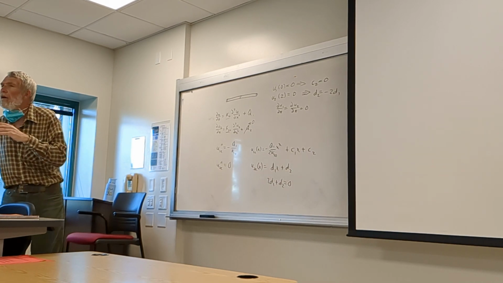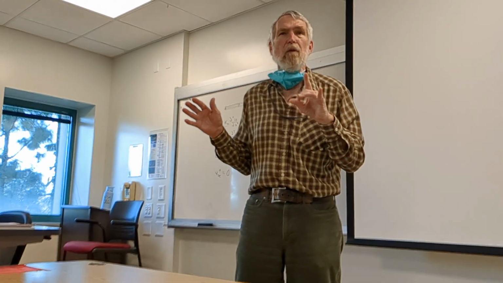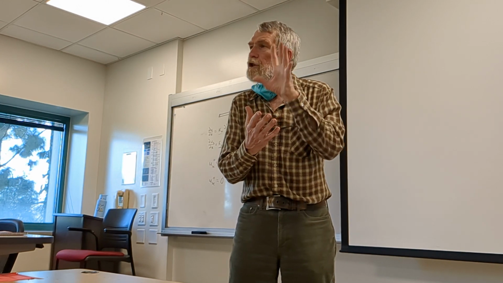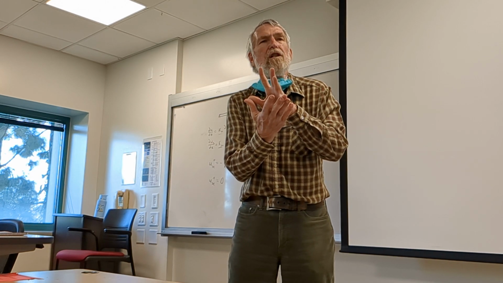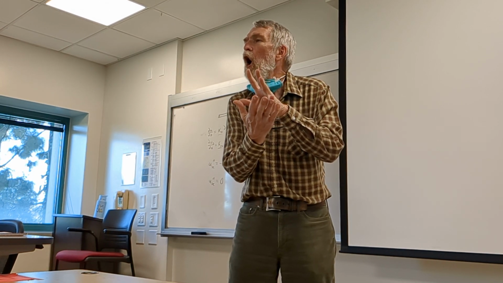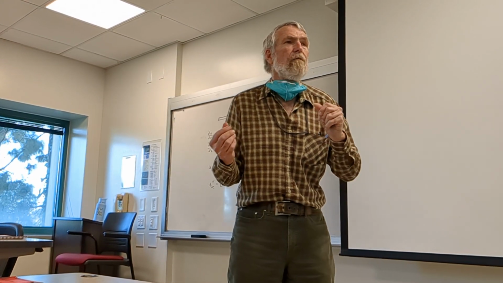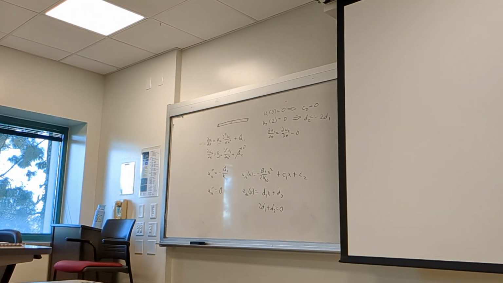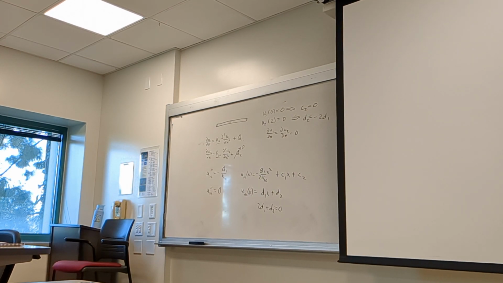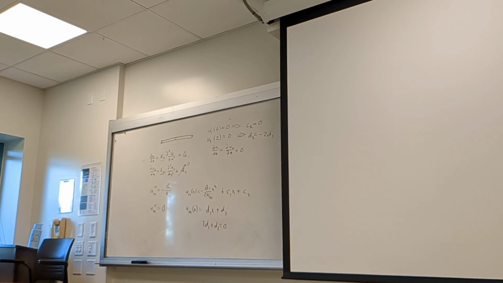Because if we're going to do a superposition principle, you add solutions together. If you don't have zeros on the boundaries and you add them together, you're not going to get a solution. You have to have homogeneous boundary conditions, and you also have to have a homogeneous differential equation. If the differential equation is non-homogeneous, adding a U1 plus a U2 doesn't satisfy it, so you don't have superposition.